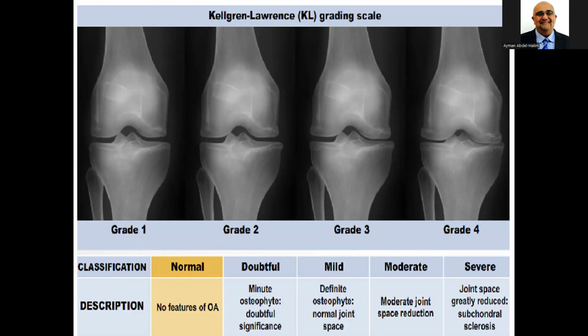Grade 2 and 3 is where you can do some steroids. You can also do platelet-rich plasma, and also hyaluronic acid injections. Weight reduction plays an important role in pain relief for patients with knee osteoarthritis.